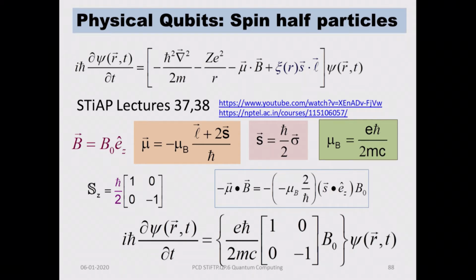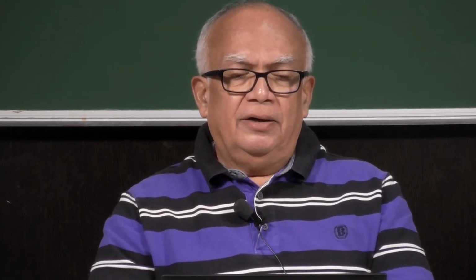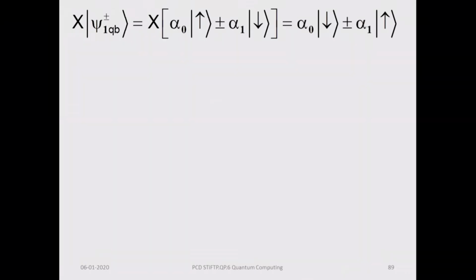So this is your time dependent Schrodinger equation. Its solution will tell you how the system evolves with time. It is the rate at which the quantum state is changing with time, okay? And we know what the NOT gate does. This is the Pauli NOT gate.